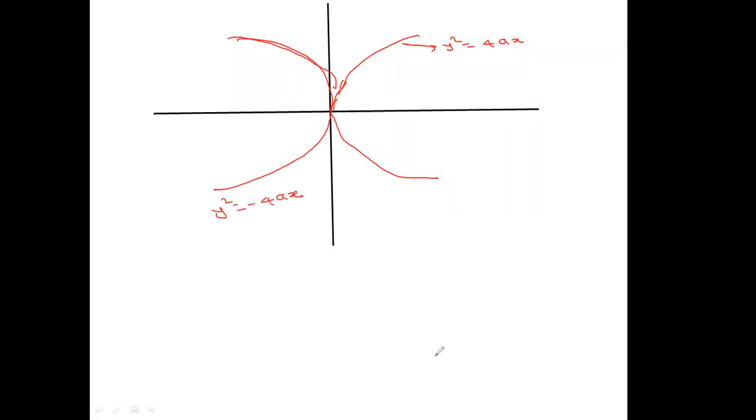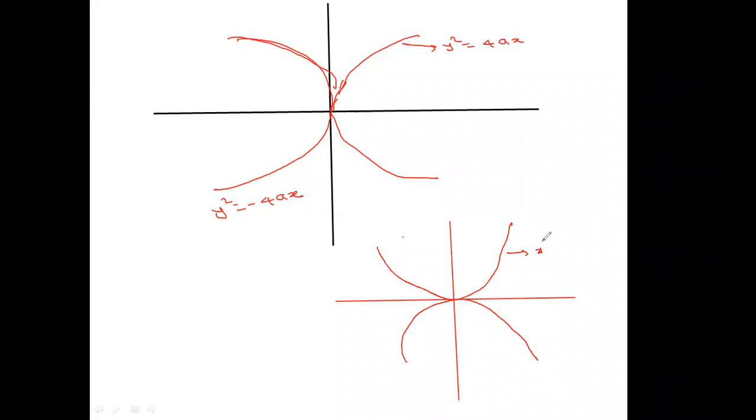Then next, this is another equation. What is this equation? x square is equal to 4ay, and here this equation is x square equal to minus 4ay. Okay, these are the four parabolic equations.